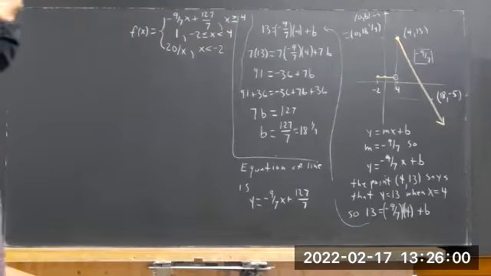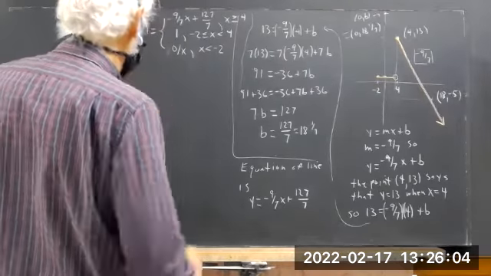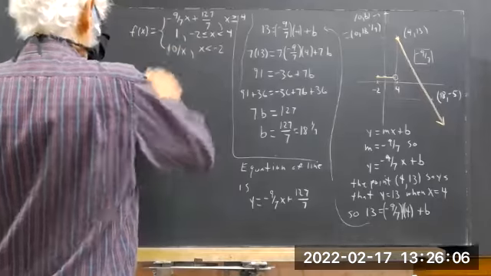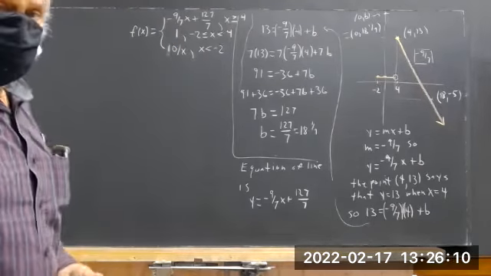Why not? Actually, I don't have enough room to do 20 over x down there. It'll be negative 10 over x when x is less than -2.